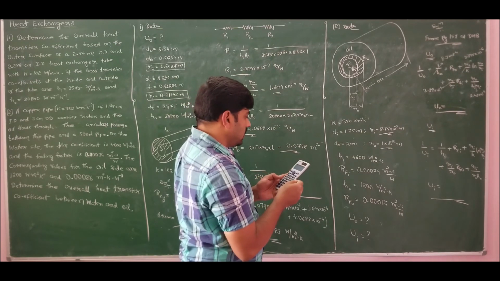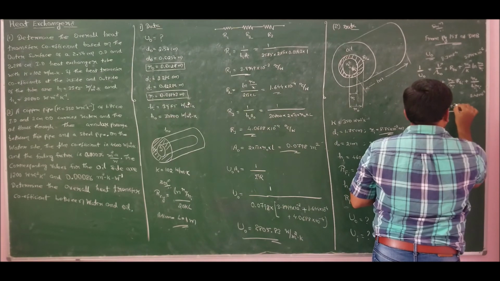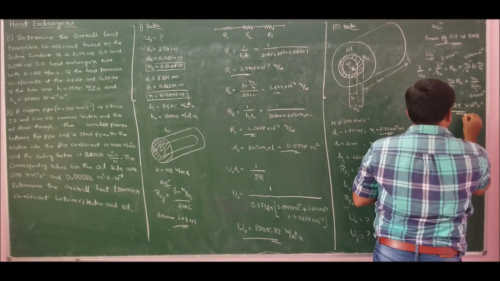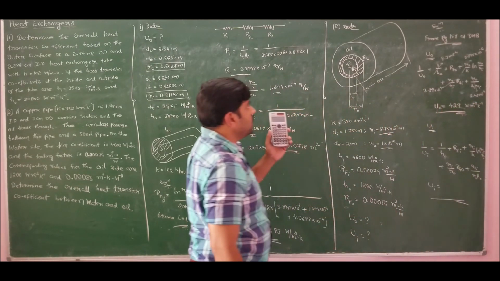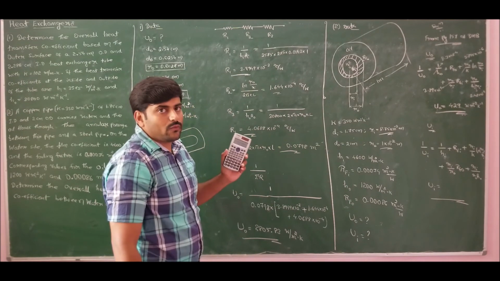If I solve, I will get the value of Uo as 429 watt per meter square per Kelvin. The solution for this problem is overall heat transfer coefficient based on outside surface area is 429 W/m²K.